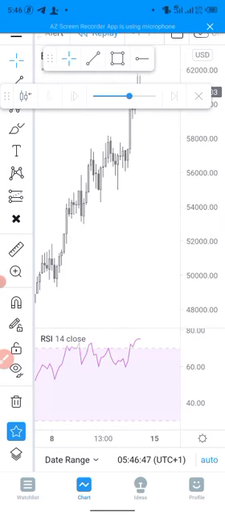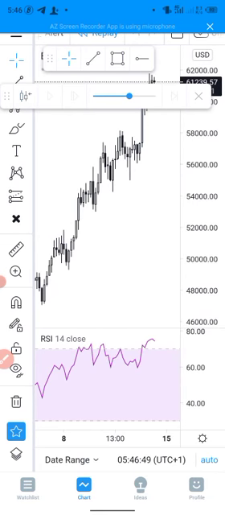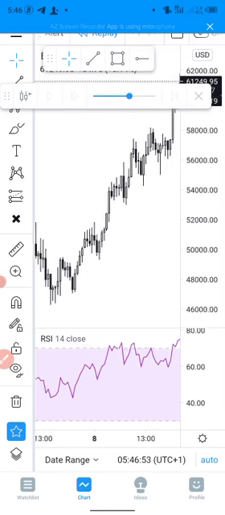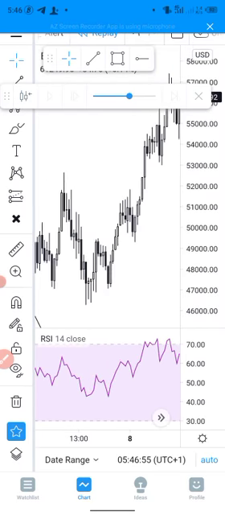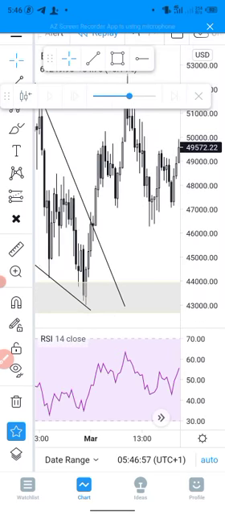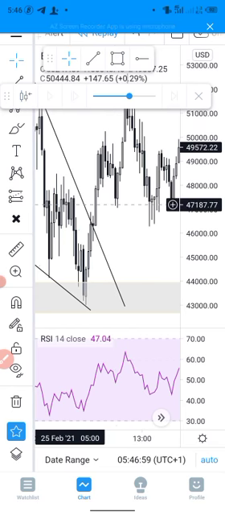And boom, we are here today. For example, if you enter at this particular place and wait until today, you are in profit, like massive profit. Okay, that is just the illustration of divergence on our chart.